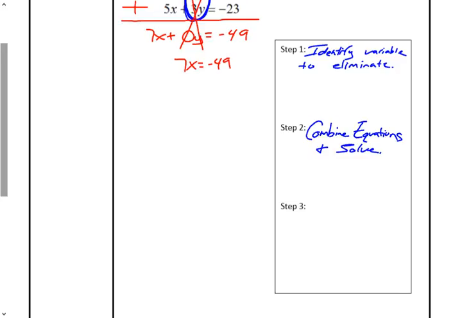Because now I can take this equation, divide both sides by 7, and I got, that's actually negative 7. That's tough to see. There you go. And I have half of my answer. Now, where do I get the other half? Well, the other half I'm going to have to do substitution.